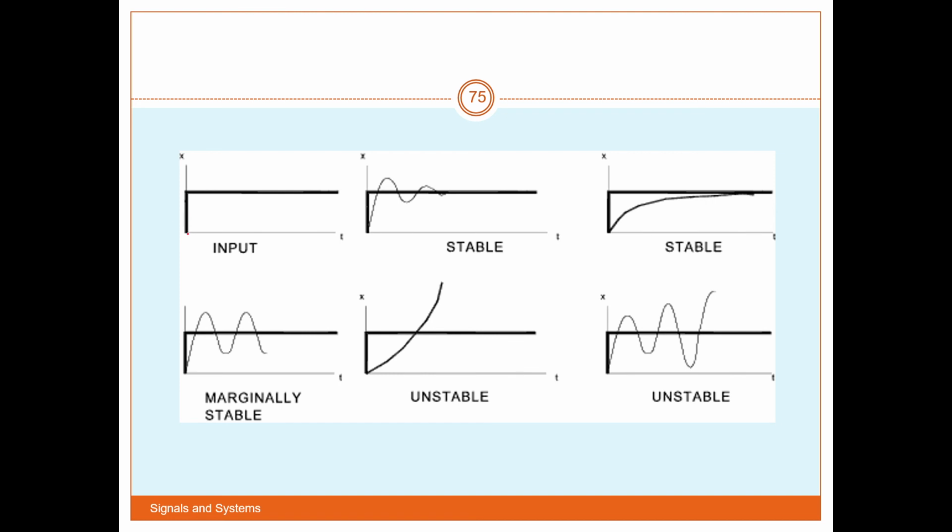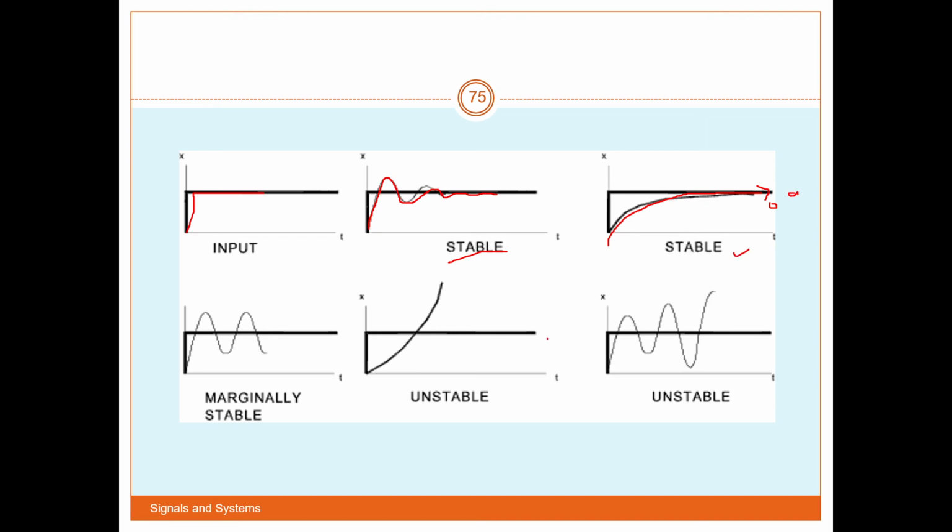For example, we have an input like this, and then the characteristic modes or the zero state response become like this, approaching zero. So it is a stable system. Or it grows but at the end it reaches zero at infinity, also stable.